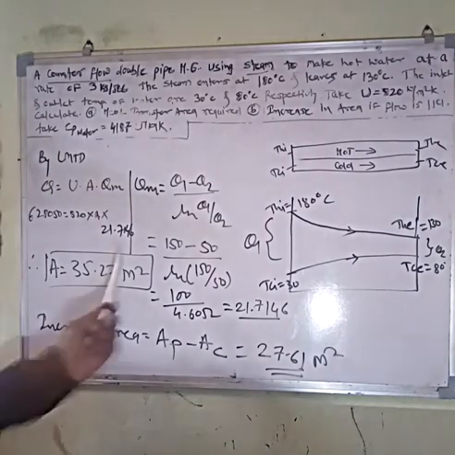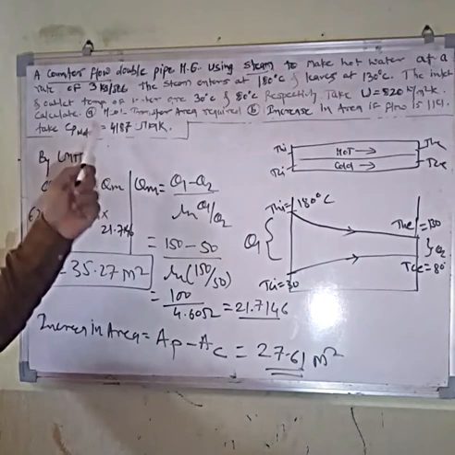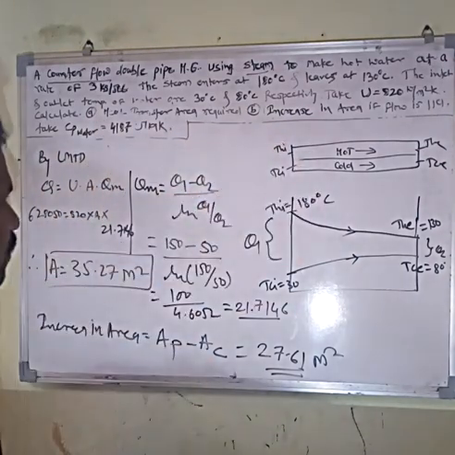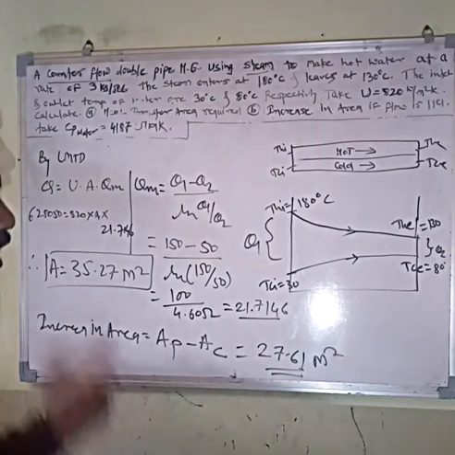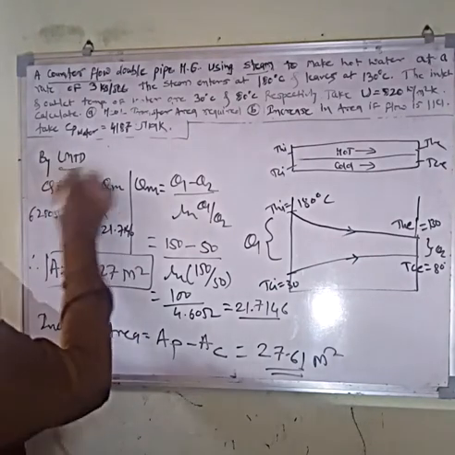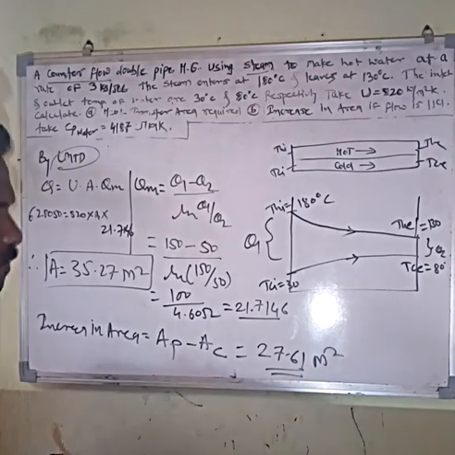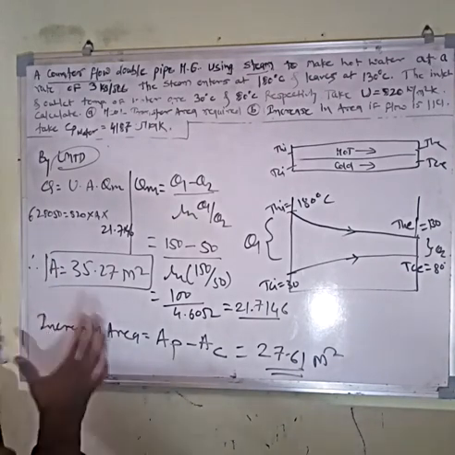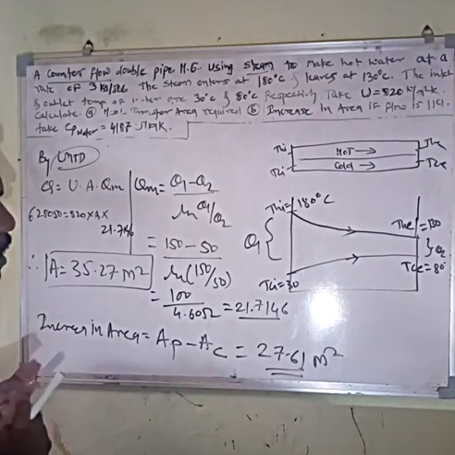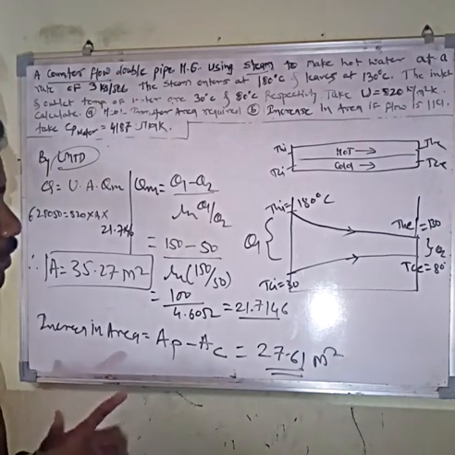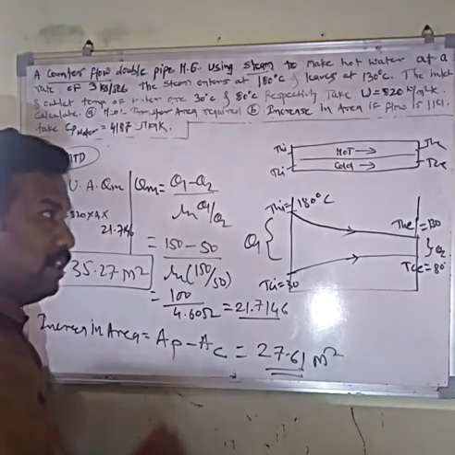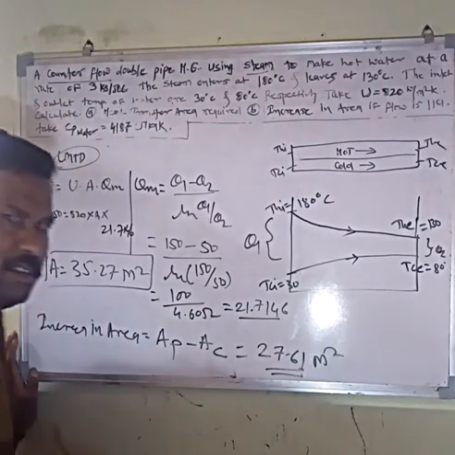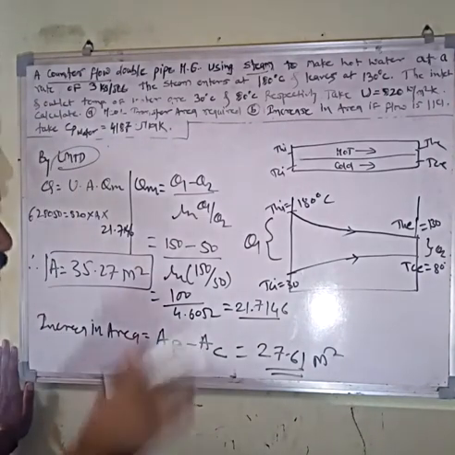Now in both conditions, that is for the first heat transfer area and second increase in area, we are just using the two formulas: the energy balance equation and the LMTD formula. After using only these two formulas, you can find the value in any LMTD problem. If you realize, in both conditions, parallel flow or counter flow, theta 1 and theta 2 are the same as per the figure.